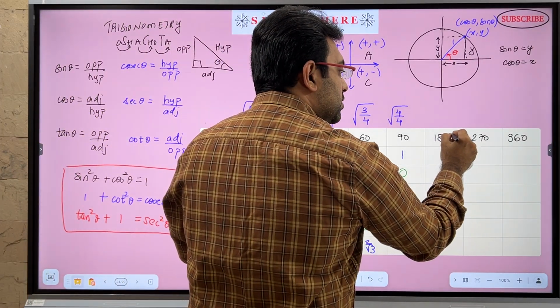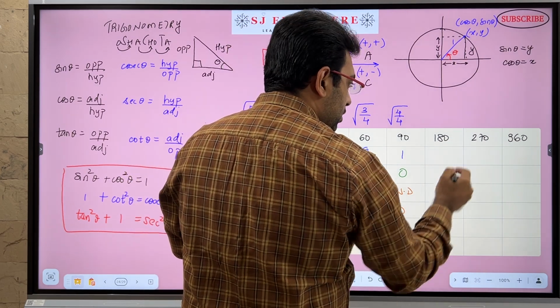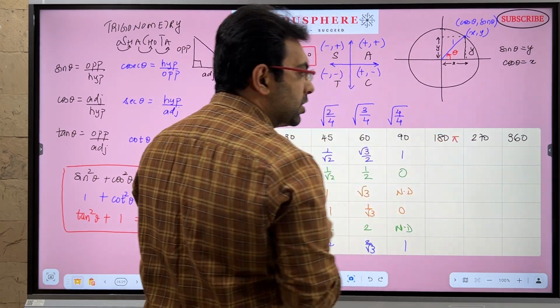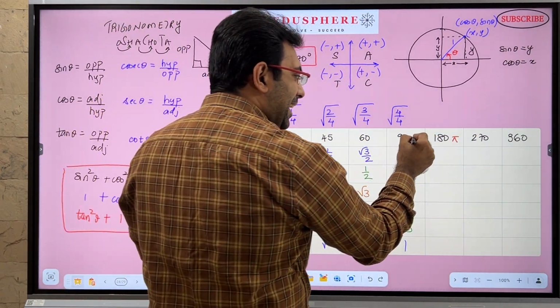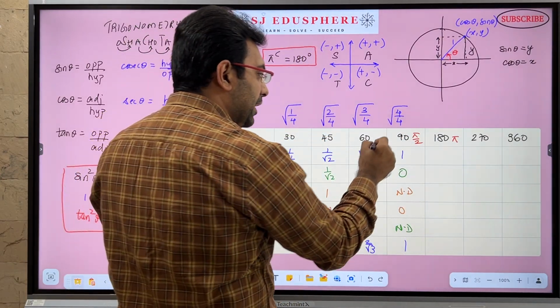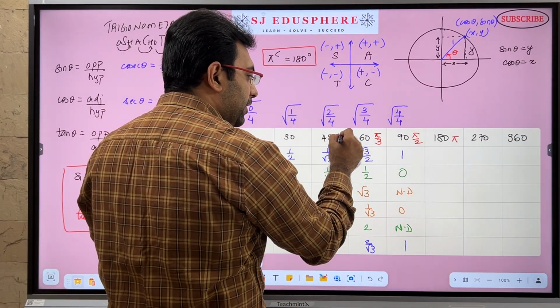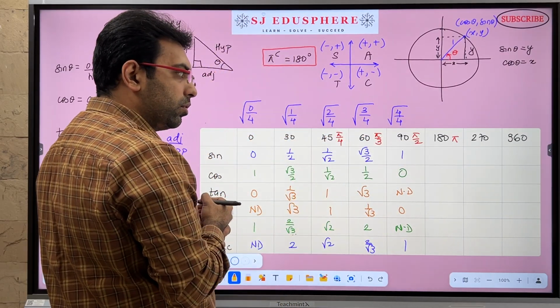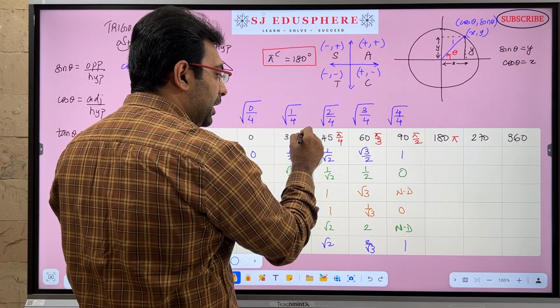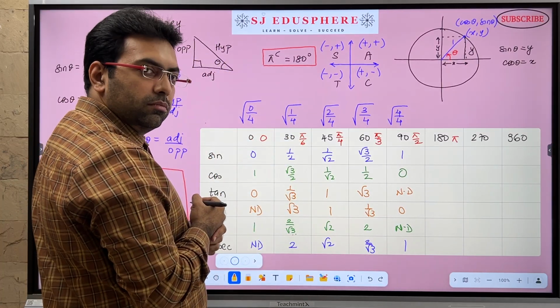So can I call this value pi? I'm just writing it down. It's not in the power. So this is pi. Is 90 180 upon 2? Is 60 180 upon 3? Is 45 180 upon 4? Is 30 180 upon 6? And 0, well, is 0.